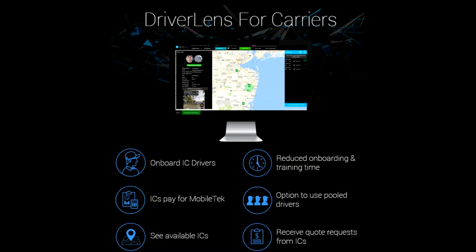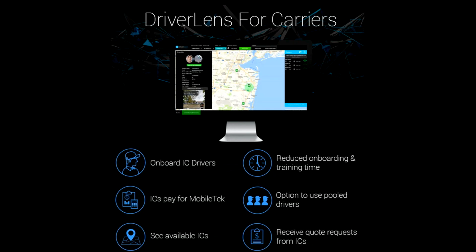What it's really designed to do for the carrier side is help them onboard drivers, reduce onboarding and training time, and remove the cost of MobileTek from the carrier going directly to the driver, providing carriers a pooled resource of drivers who are already equipped with MobileTek and ready to go, which would drastically reduce onboarding and training time.